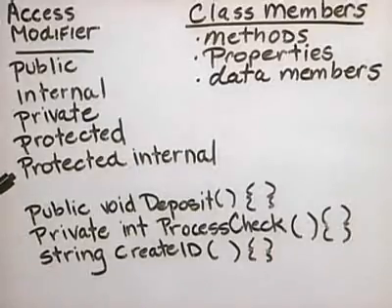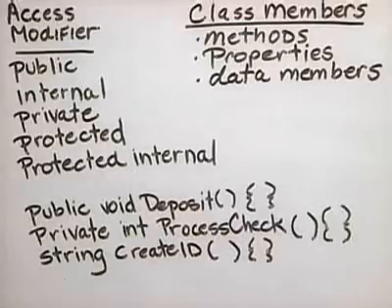Protected internal, actually any of the class members that are defined with that access modifier, means that that class member has access that's limited to a class, a derived class, or to an assembly.